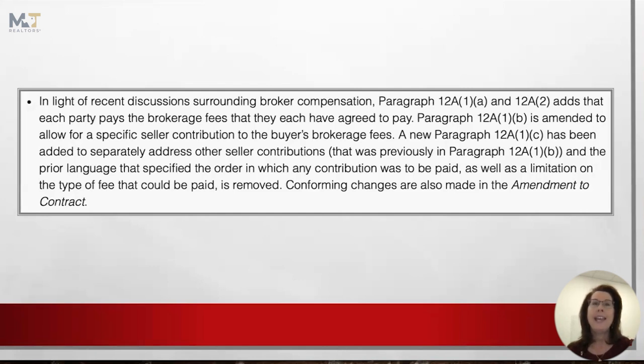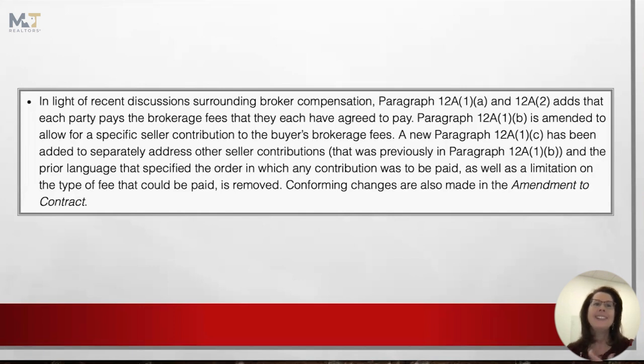Paragraph 12A1B is amended to allow for a specific seller contribution to the buyer's brokerage fees. A new paragraph, 12A1C, has been added to separately address other seller contributions. And that was what was previously in 12A1B.